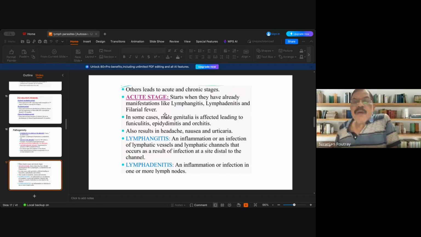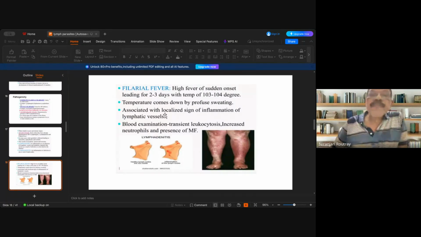Lymphangitis is the inflammation or infection of the lymphatic vessel, as I have already told you. And lymph node infection is called lymphadenitis. Filarial fever is a high fever of sudden onset lasting 2 to 3 days with temperature of 103 to 104 degrees. The temperature normally comes down with profuse sweating, associated with the local symptoms of inflammation of the lymphatic vessels.